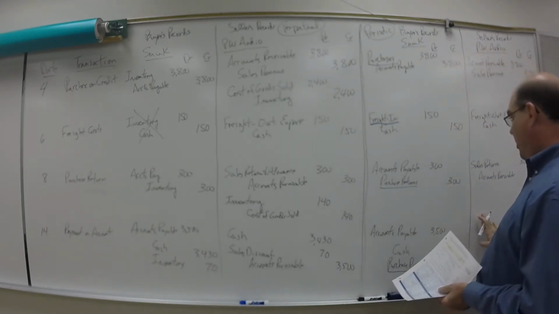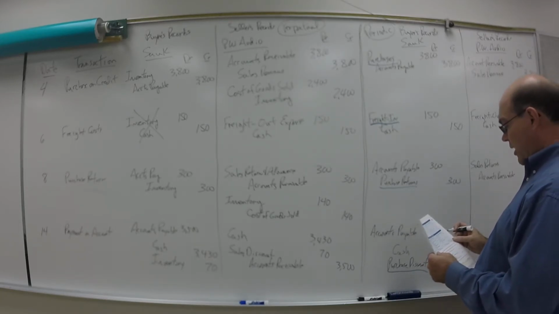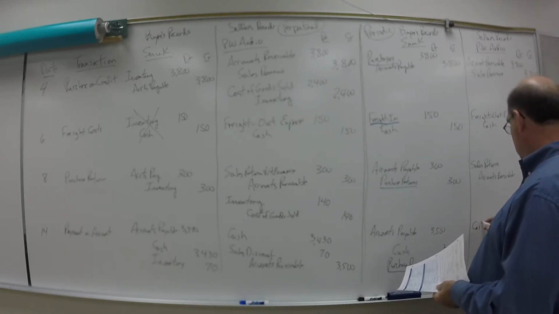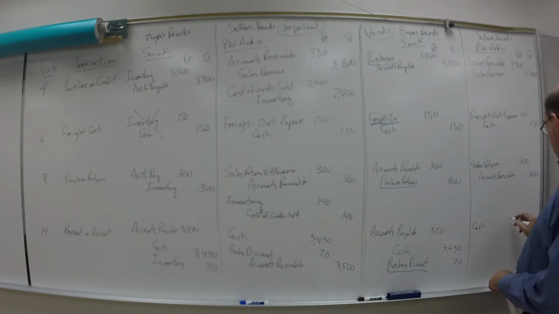And then we get down to the bottom, to the last date, the 14th, and that entry is going to look pretty much the same. We're going to receive some cash. Our customer is going to pay us the $3,430 they owe us.